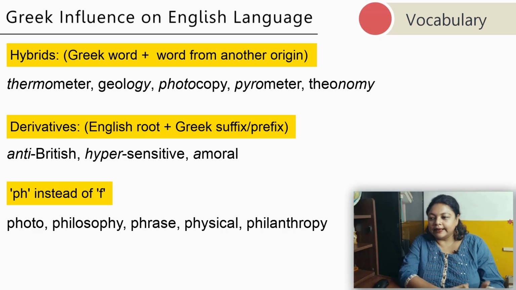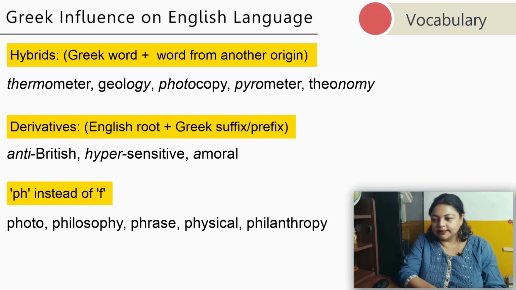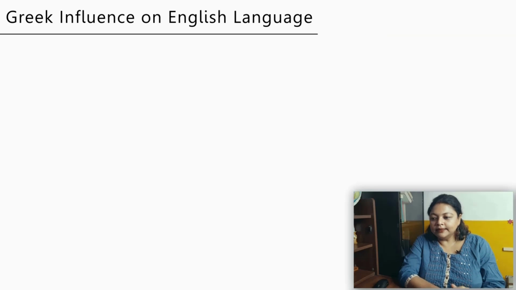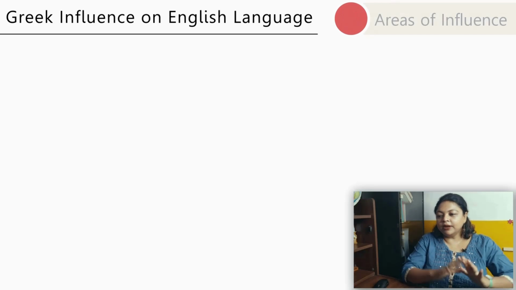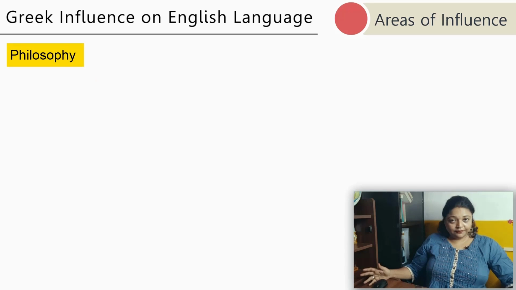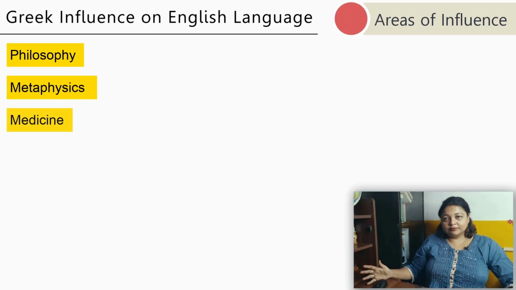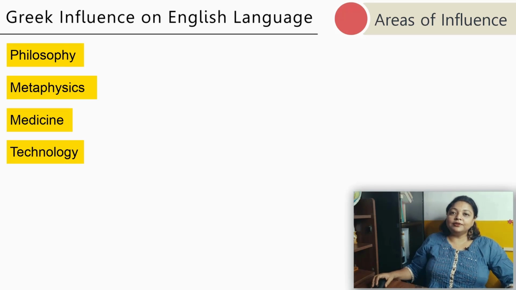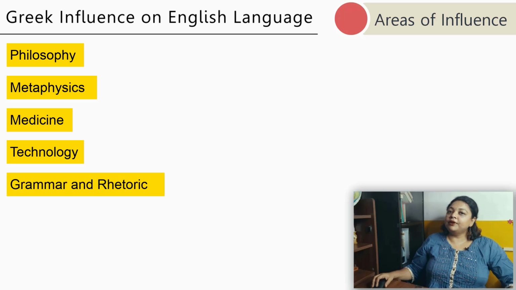so when we look at these borrowings, as I was telling you, we can understand that areas in which Greek language influenced English were mostly philosophy, metaphysics, medicine, technology, and very interestingly, even grammar and rhetoric. Both these words, grammar, rhetoric, are again derived from Greek.